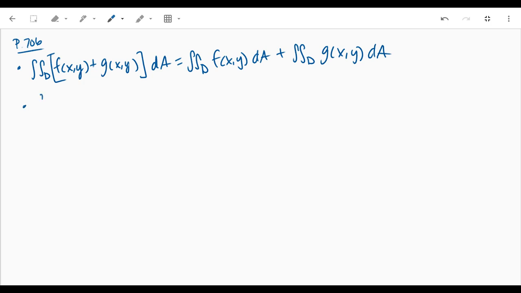Next one, the constant. I'm not really sure why they repeat these again. I guess it doesn't hurt. Those constants can come out.